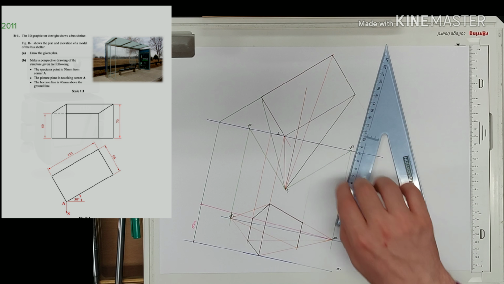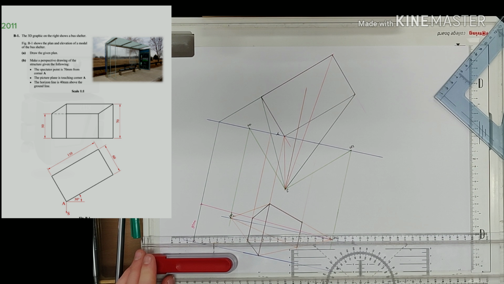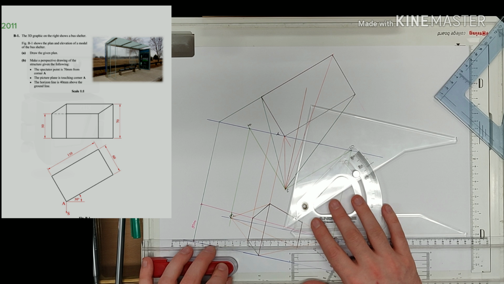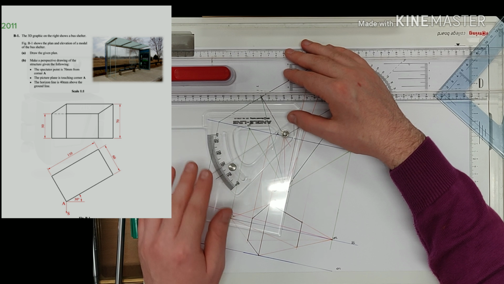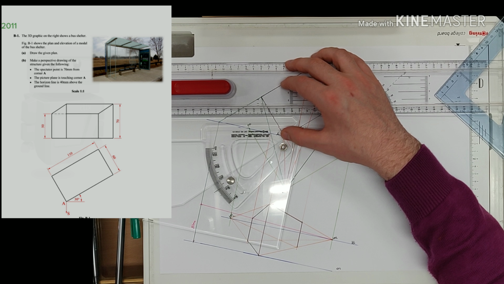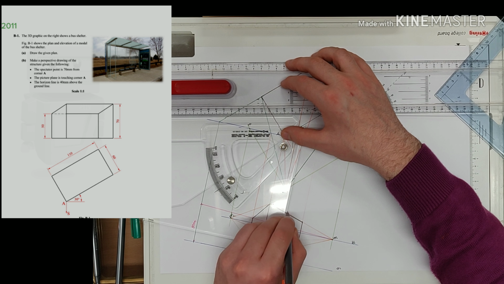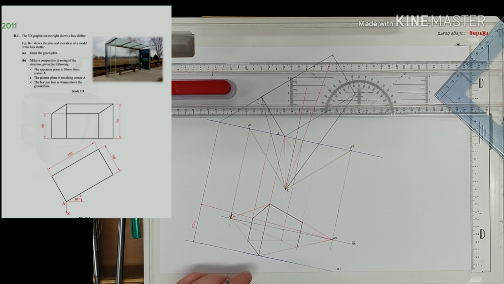Where he cuts the picture plane, I'm going to bring him down to our perspective. See, here is the back of our bus stop.